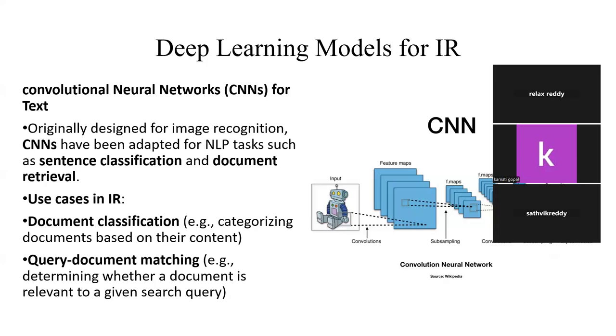Additionally, convolutional neural networks are efficient in query-document matching, helping to determine the relevance of a document in response to the given search query. By applying convolutional layers, CNNs can capture important features such as n-grams or phrases that are indicators of relevance, making them useful for improving the accuracy of document retrieval systems.